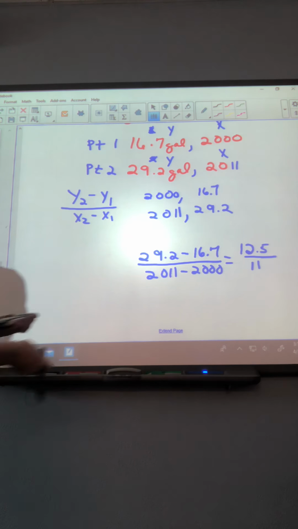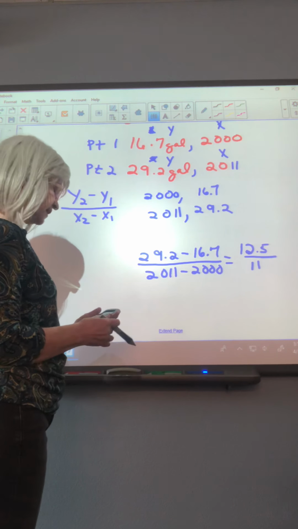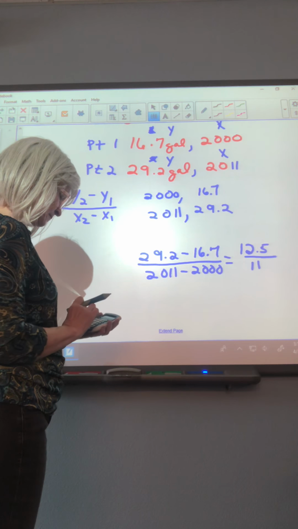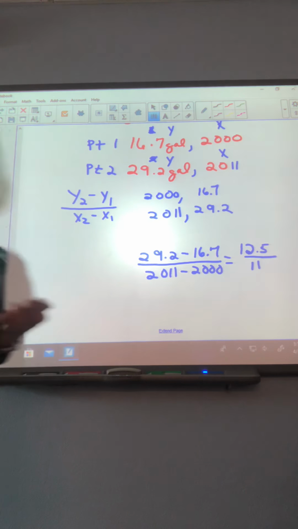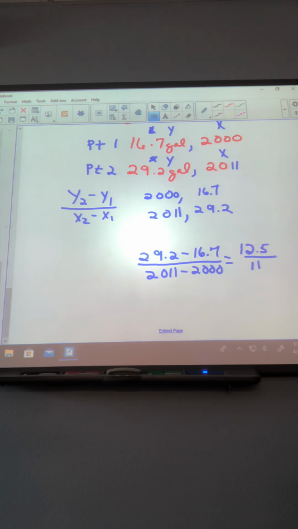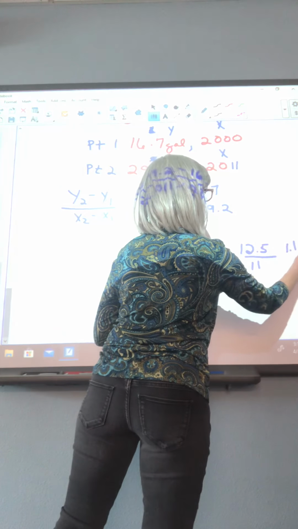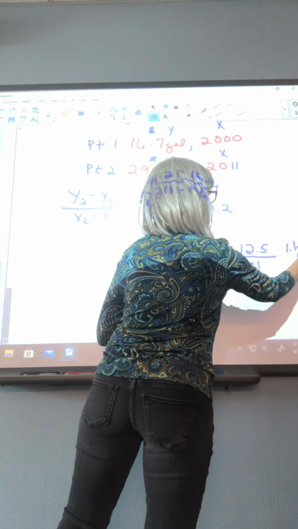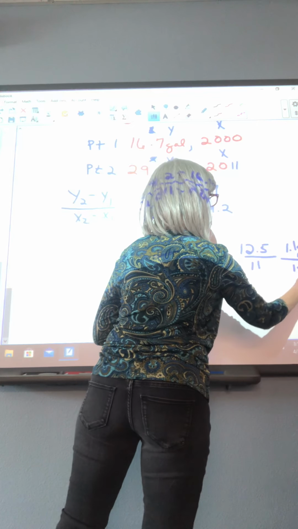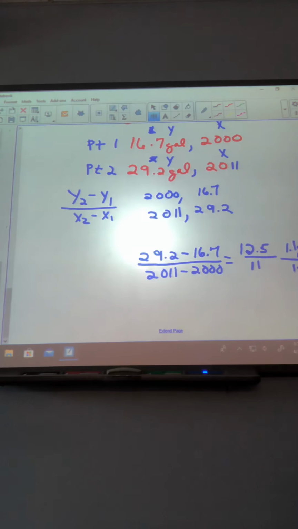So 12.5 divided by 11 is going to be 1.1. So that's an increase of about 1.1 gallons per year, and that's per person. So each person is increasing that.